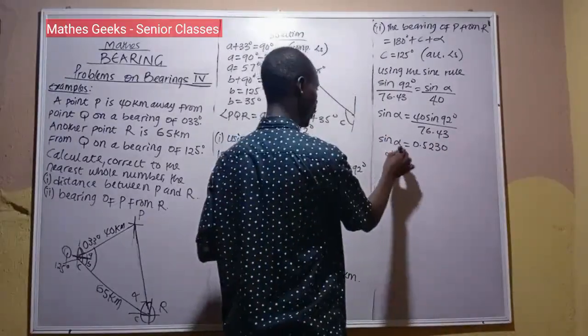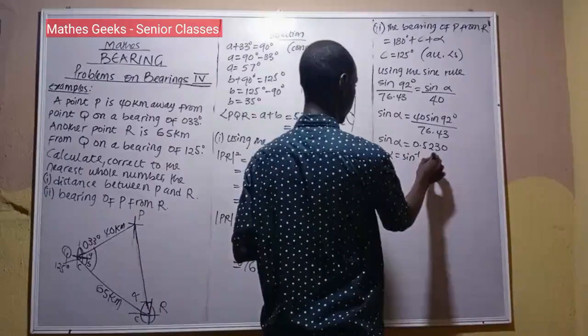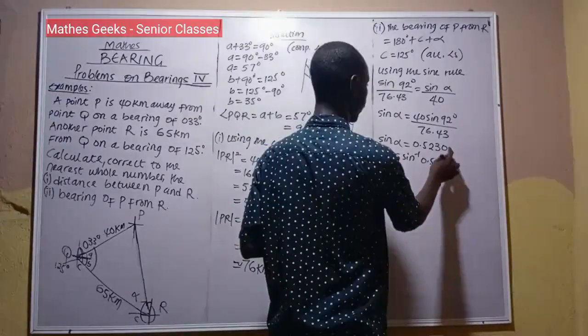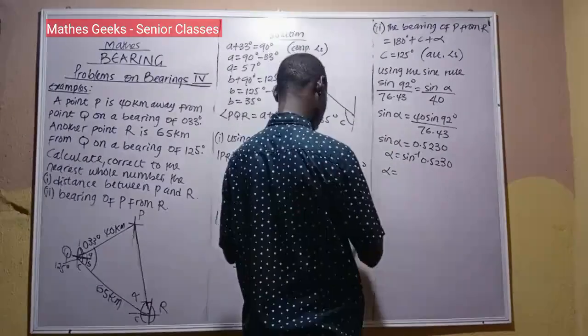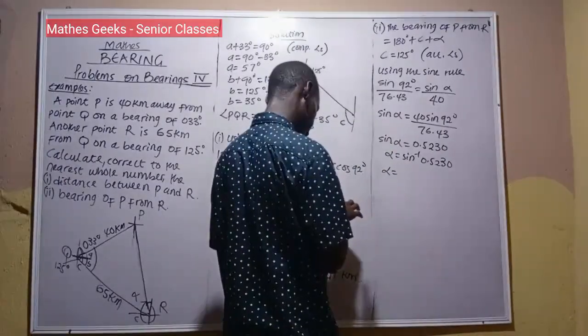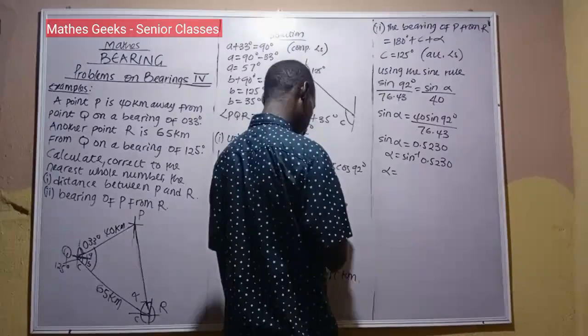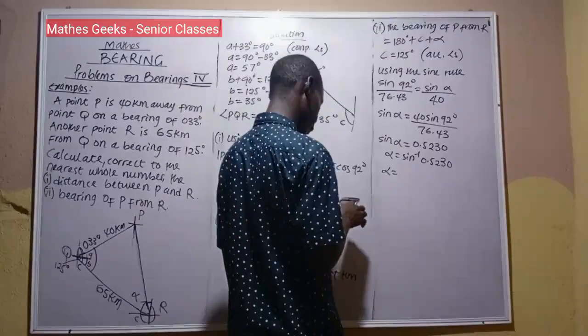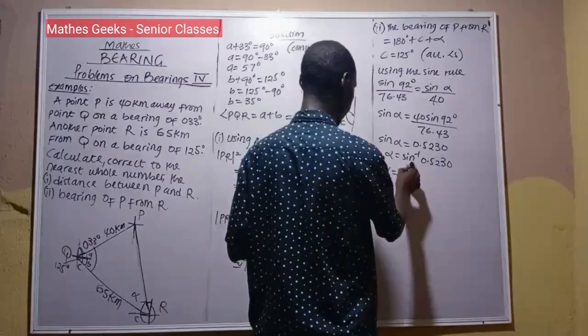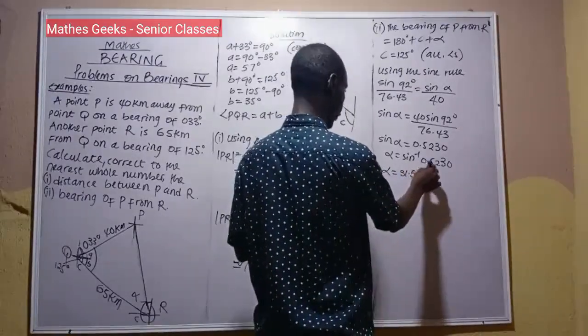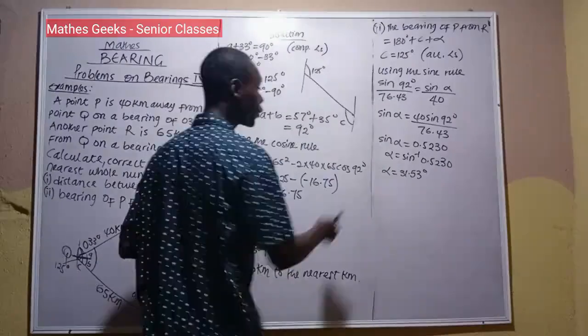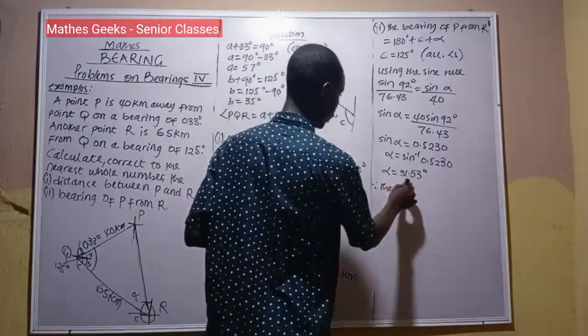So alpha equals arcsine 0.5230, and then alpha is equal to 31.52 degrees.